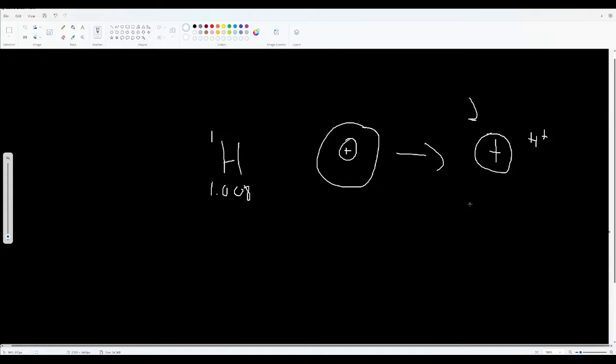That's why we call H plus a proton. So when we're measuring the acidity of something, when we're measuring the pH, we are measuring how many of these are in a solution, right?